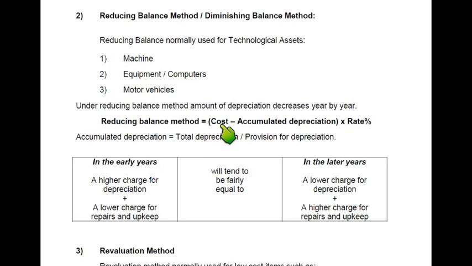Now as you are aware, in the first year we do not have any accumulated depreciation, so we will be multiplying cost by rate in the first year. Then in the second year we'll be deducting the first year depreciation from the cost, and then multiplying by rate. After 2 years we'll be deducting the first 2 years of depreciation from the cost, and then multiplying by rate.